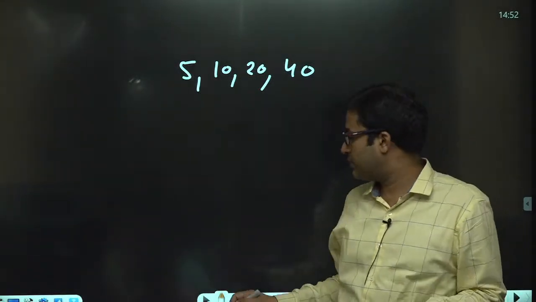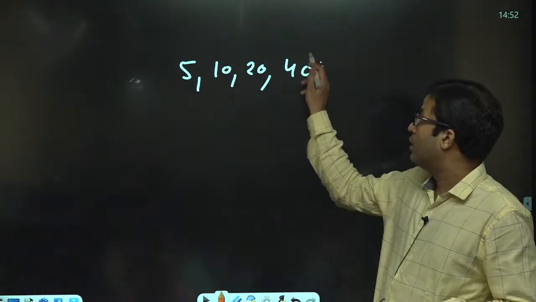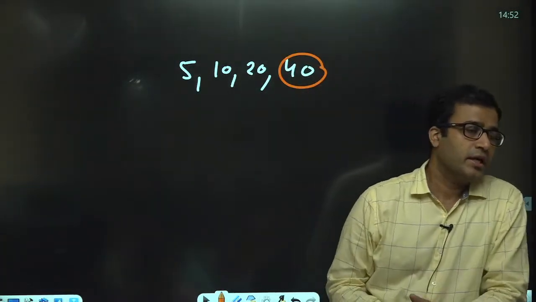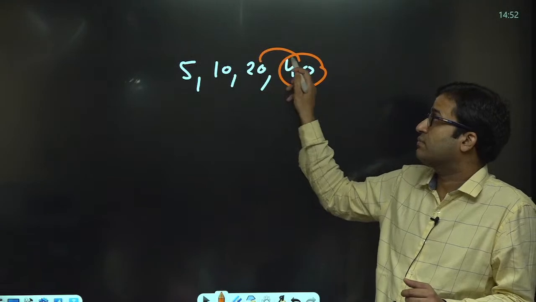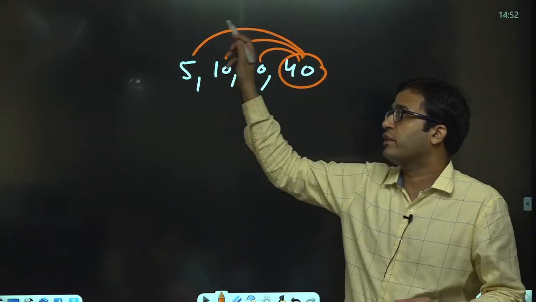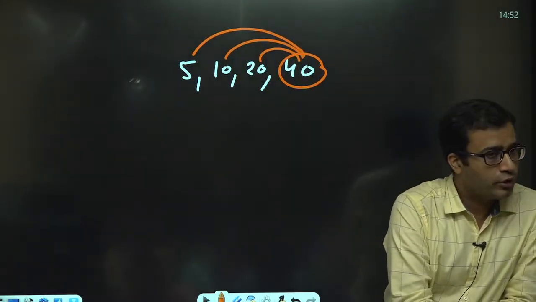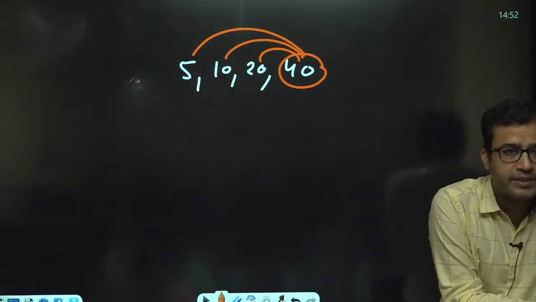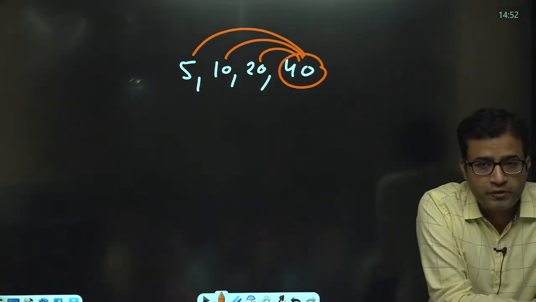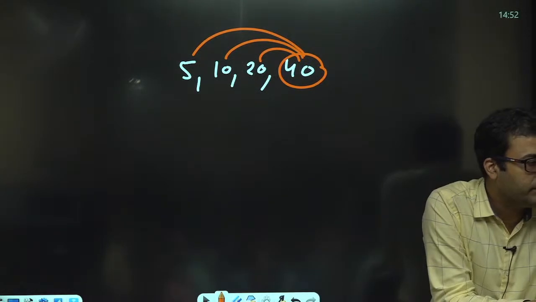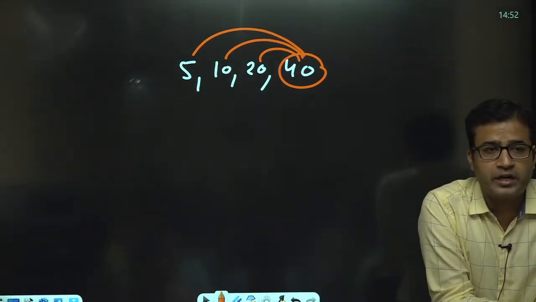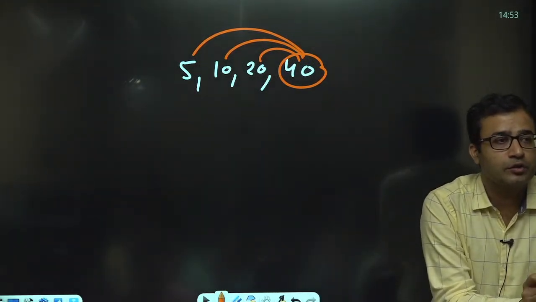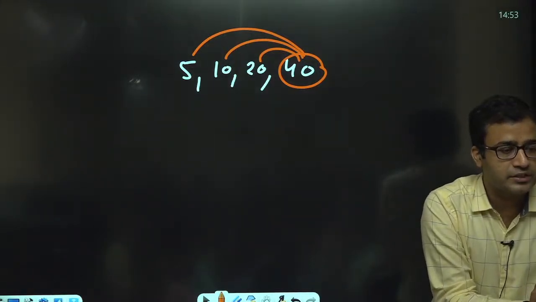What is the largest number here? 40. So the concept here is, if the largest number is a multiple of all the remaining numbers, 40 is a multiple of 20, 40 is a multiple of 10, 40 is a multiple of 5. Since the largest number is the multiple of all the remaining numbers, we can conclude the largest number itself is the LCM.